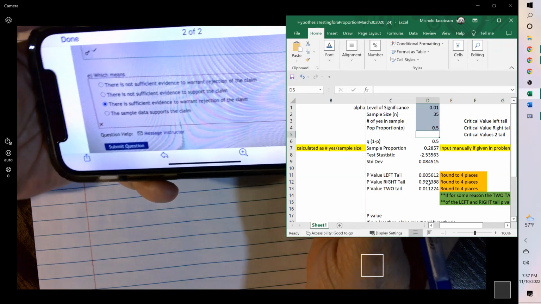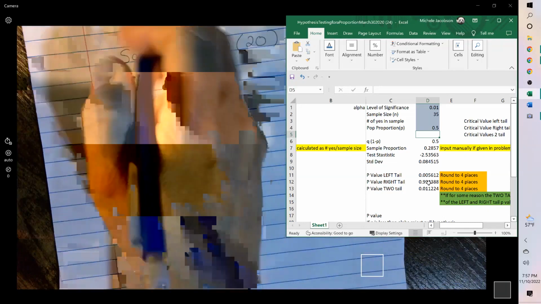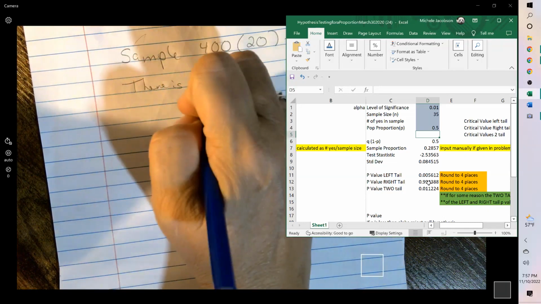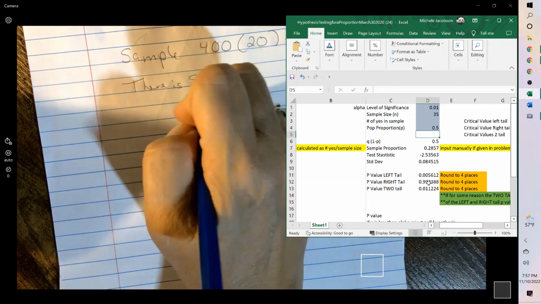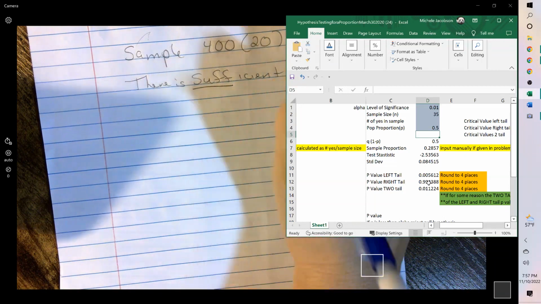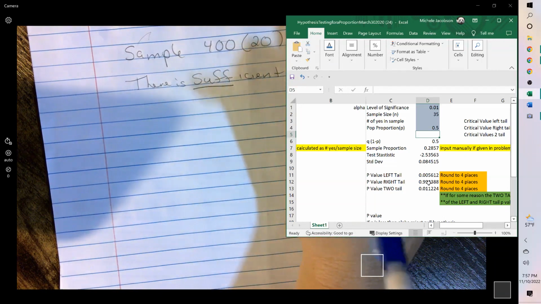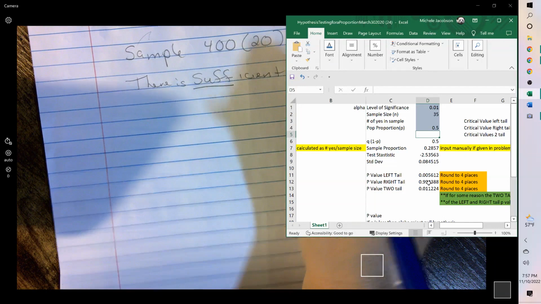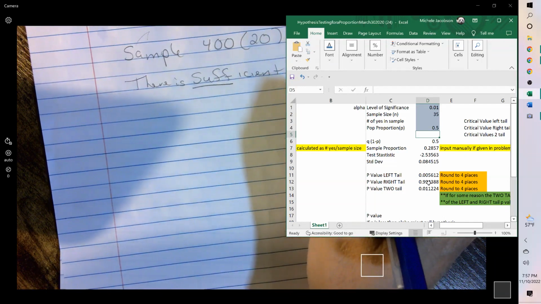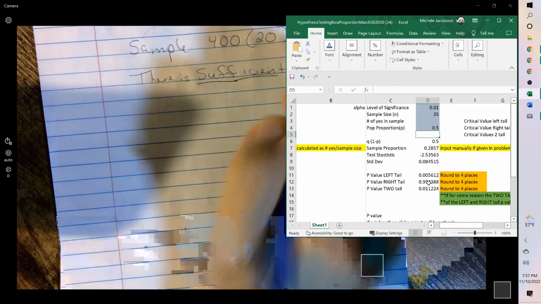If it said there is sufficient, so we want sufficient to support. That's what we're looking for. We need both of those: support the claim and sufficient evidence.